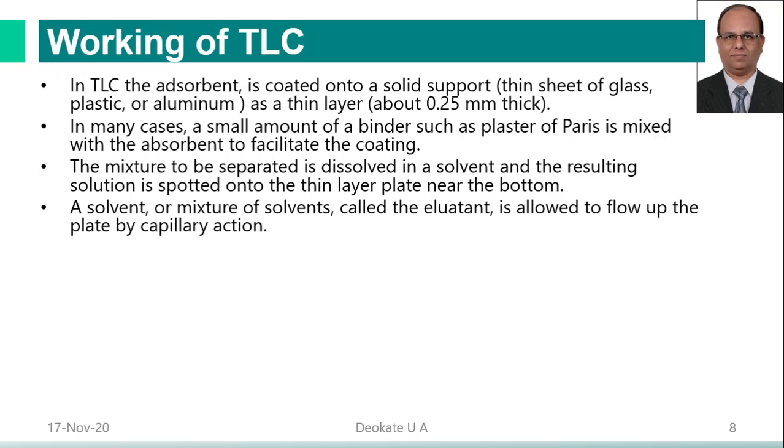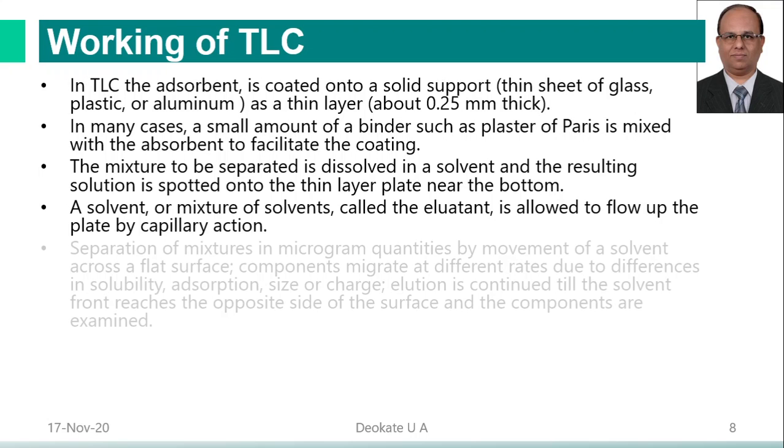A solvent or mixture of solvents called an eluent is allowed to flow up the plate by capillary action. Similar to ascending paper chromatography, we are dipping the coated plate with the sample in a chamber which is saturated with the environment, and we are allowing the mobile phase to flow opposite to gravity towards the finishing line.